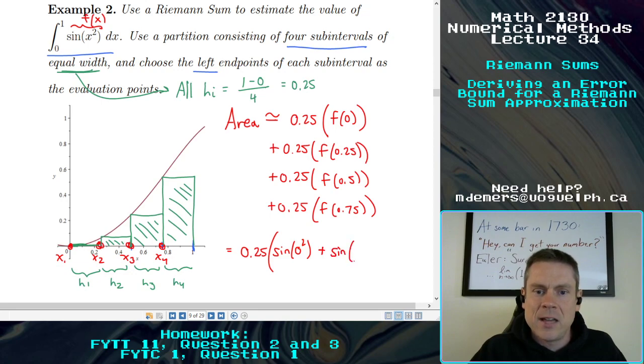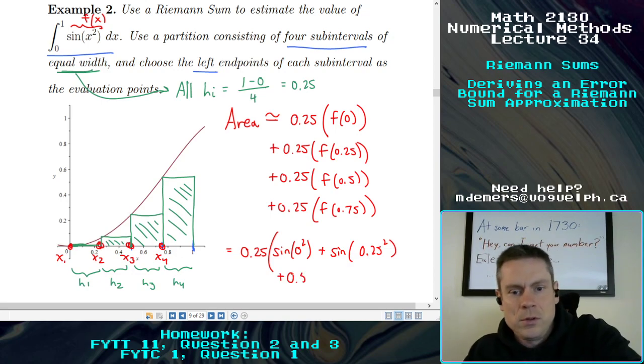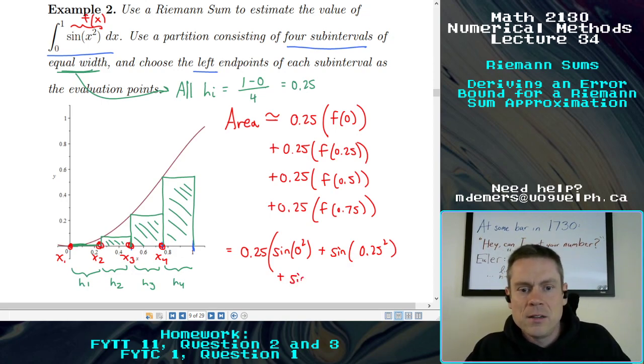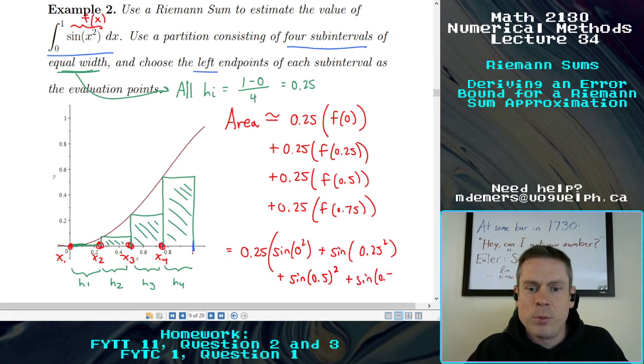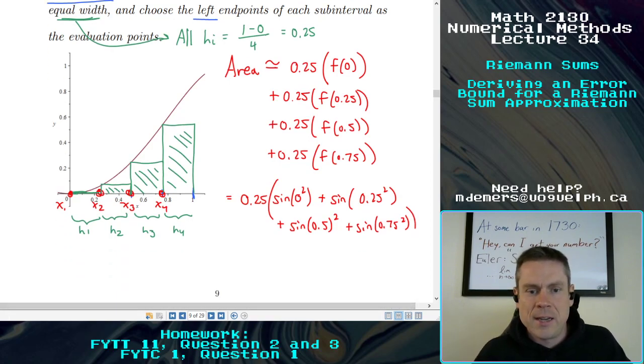Plus sine of 0.25 squared plus sine of 0.5 squared plus sine of 0.75 squared. Just like that. And I do believe that if you work this all out, you get to about 0.2108.